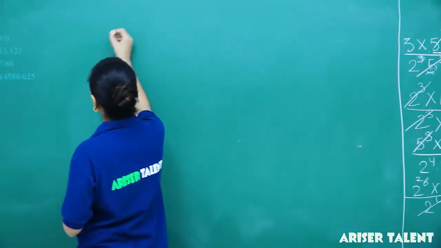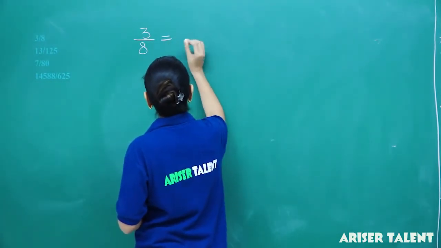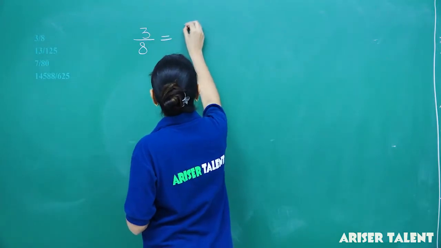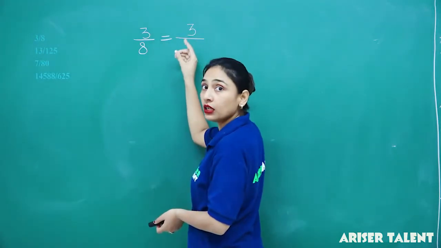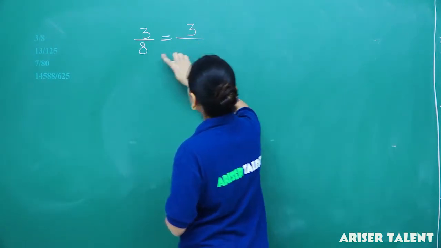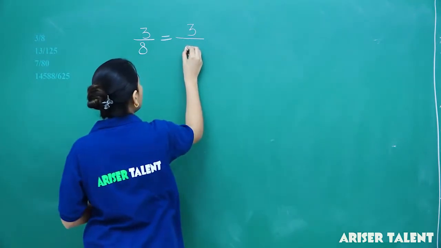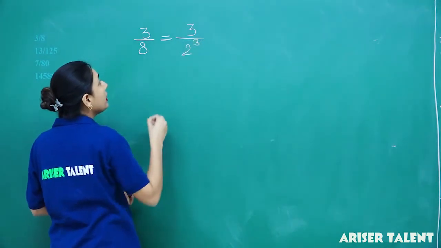So now 3 by 8. 3 by 8 can be written in the form of 3 upon the prime factors of 8, which is nothing but 2 raised to power 3.